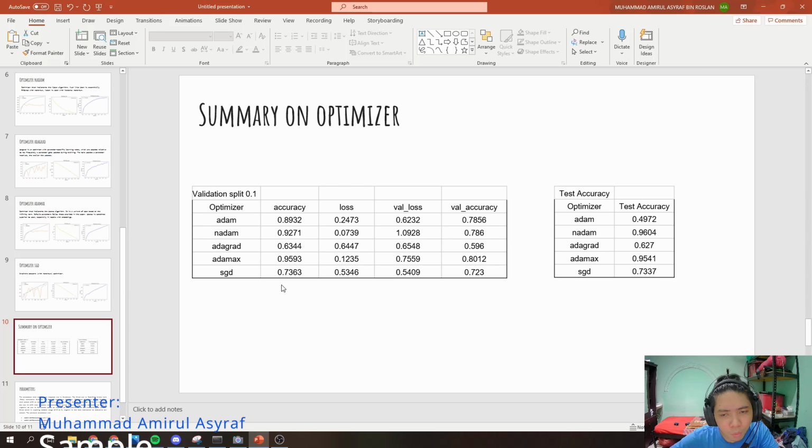After we have trained, we test the accuracy. Based on this, the best one is Adadelta with 96% accuracy, followed by Adamax with 95%. The least accurate is the Adam optimizer with 49% accuracy.